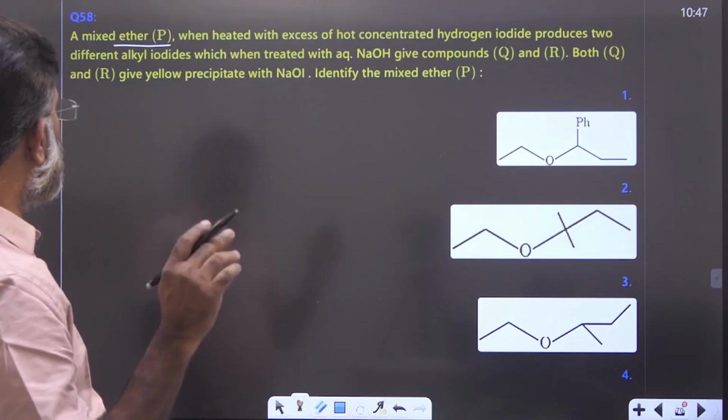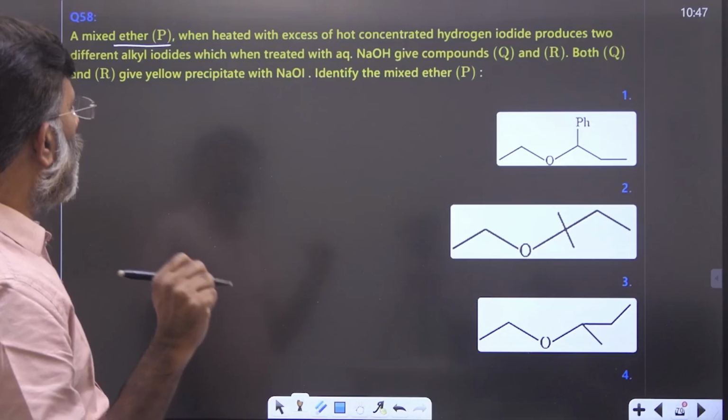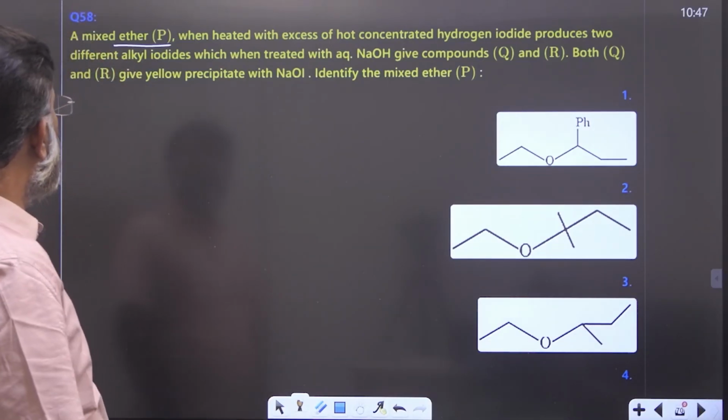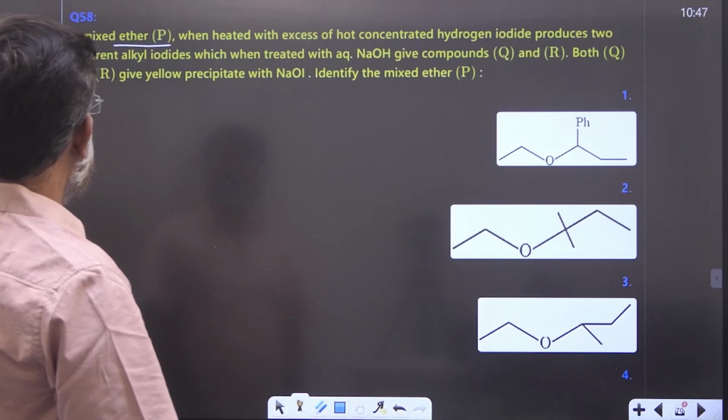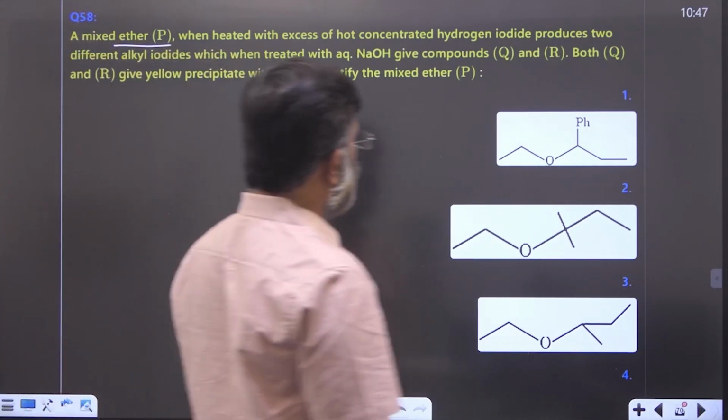So there is a mixed ether that, when heated with excess hot concentrated hydrogen iodide, produces two different alkyl iodides.